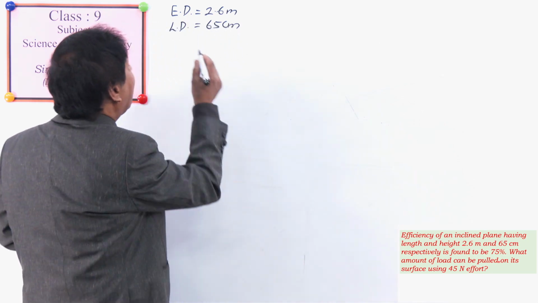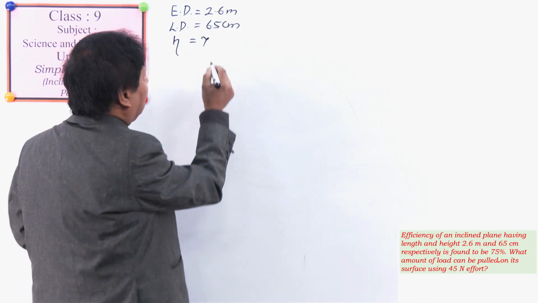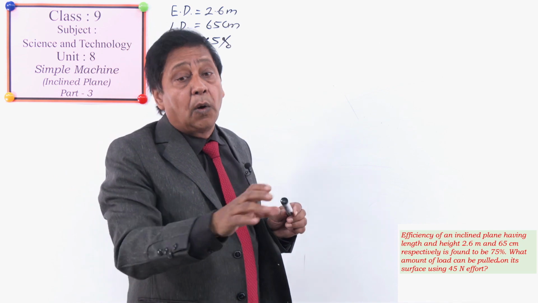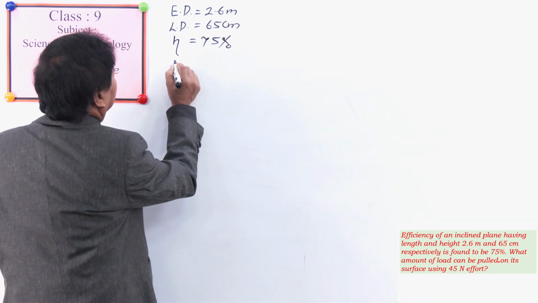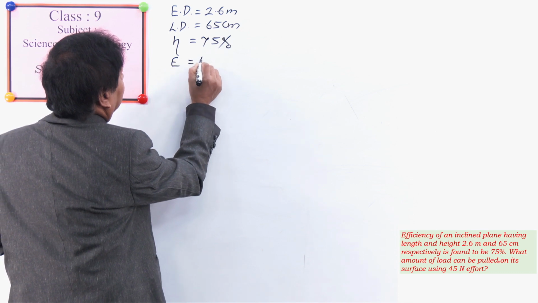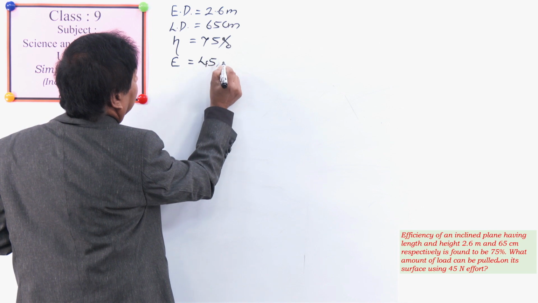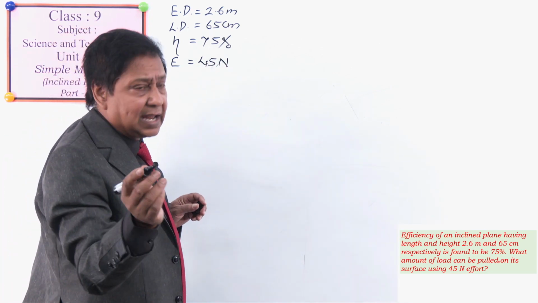And eta is the efficiency, it is 75%. Now, what amount of load can be pulled on a surface using 45 Newton effort? Effort is given, this is 45 Newton, and what amount of load can be pulled?